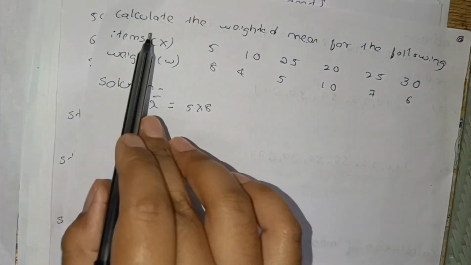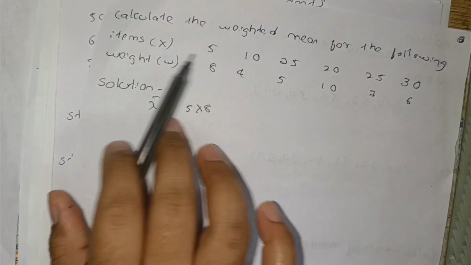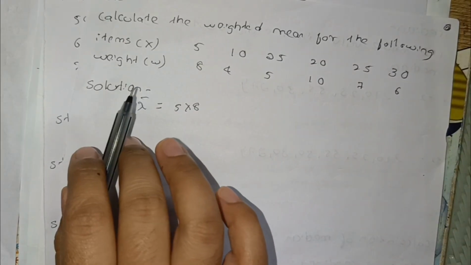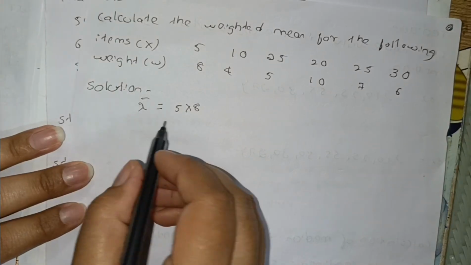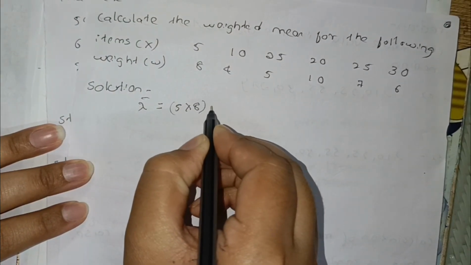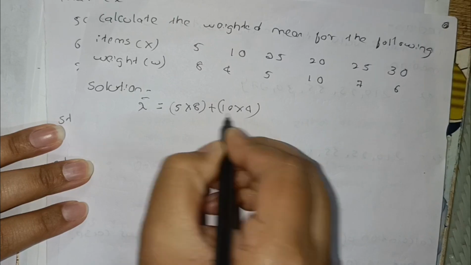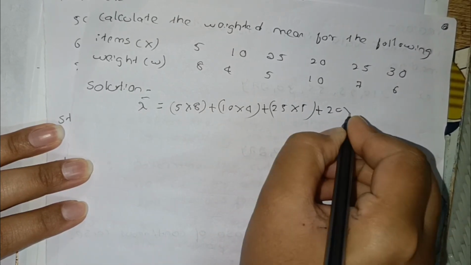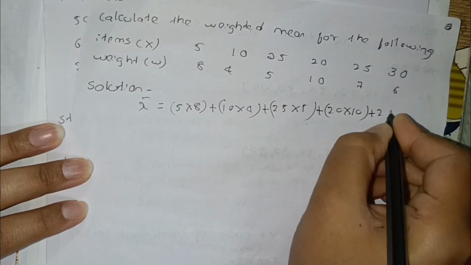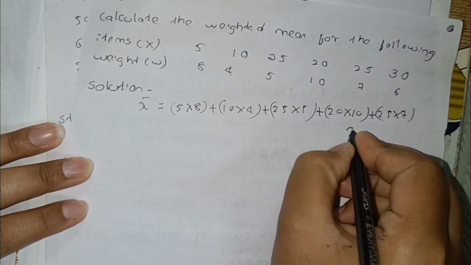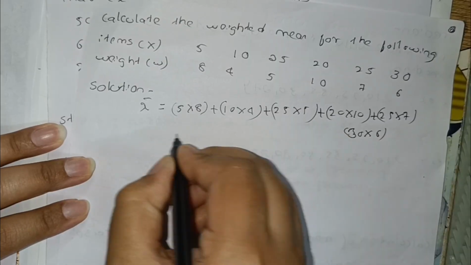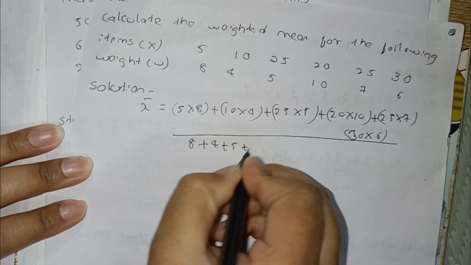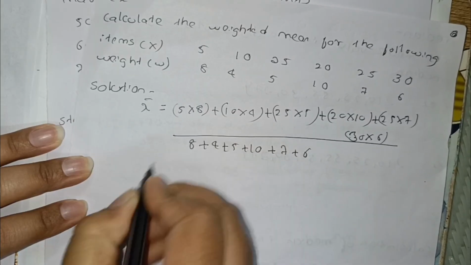Let's see one example. Calculate the weighted mean for the following items. Here x represents the item and w represents the weight. So we need to calculate the weighted mean for this. 5 into 8 plus 10 into 4 plus 25 into 5 plus 20 into 10 plus 25 into 7 plus 30 into 6 divided by the weights 8 plus 4 plus 5 plus 10 plus 7.